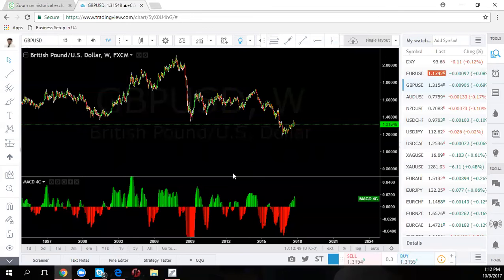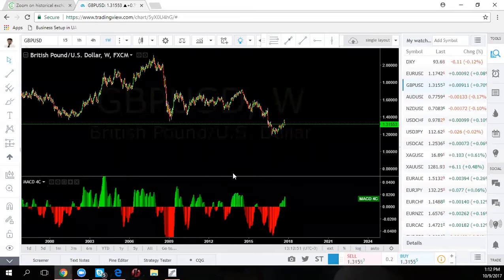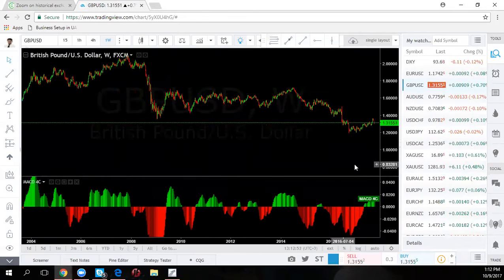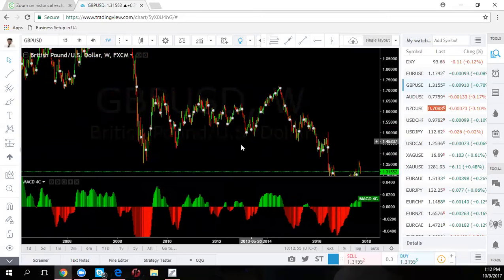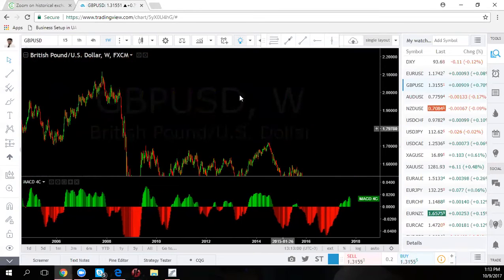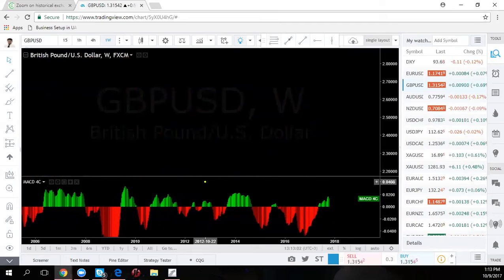So how do you combine them? Let's go into the combination part. Every time, we're going to start with the mere fact that all corrective structures are basic three-wave structures: an impulse, a correction, and an impulse. When you're forecasting, you will always start with this as your very basic pattern.